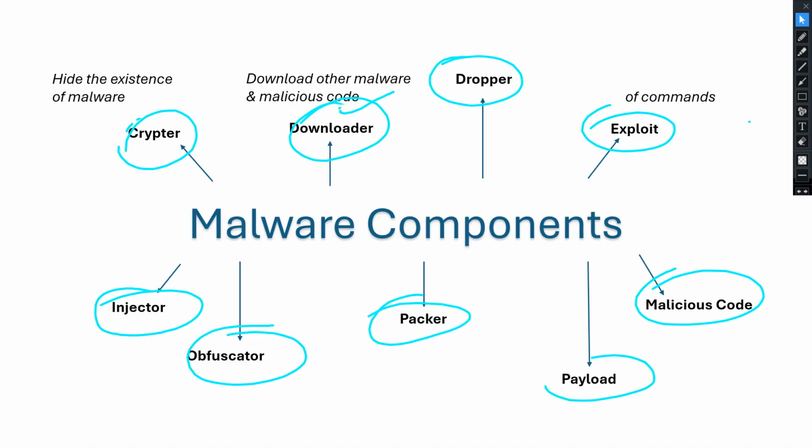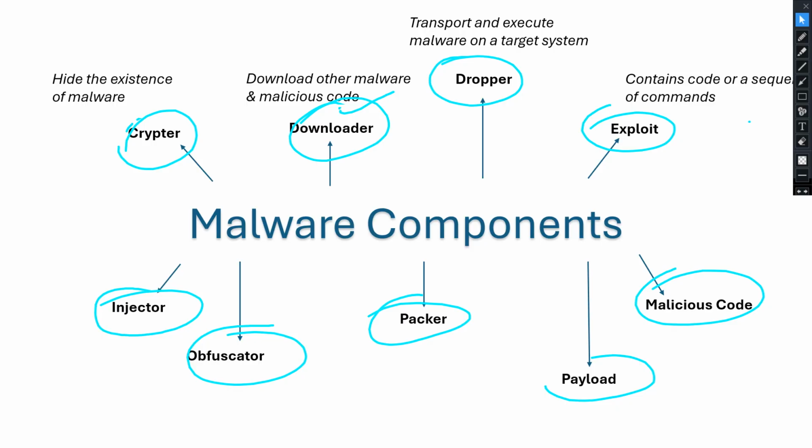Then we have dropper. From its name, it's a dropper. It's like the carrier of malware. It is used to transport and execute the malware on the target system. From the name it is clear, right? Then we have exploits.